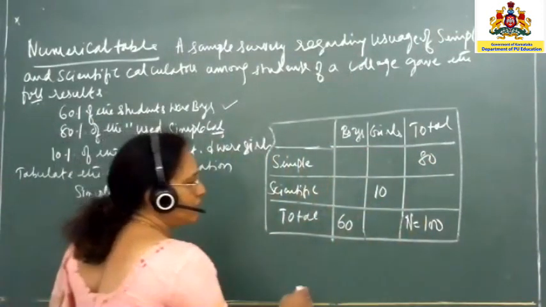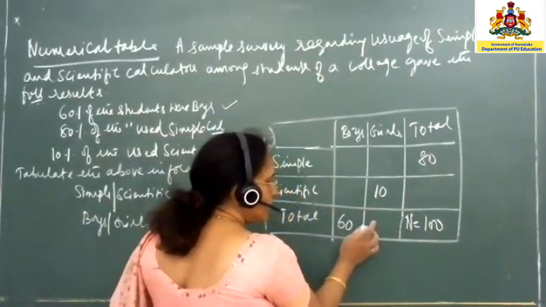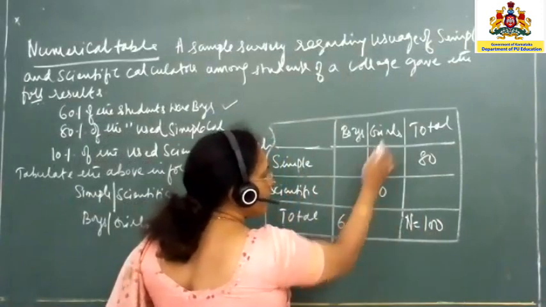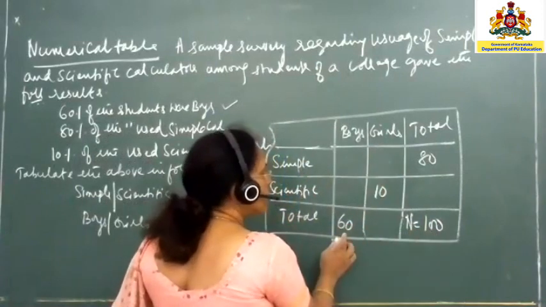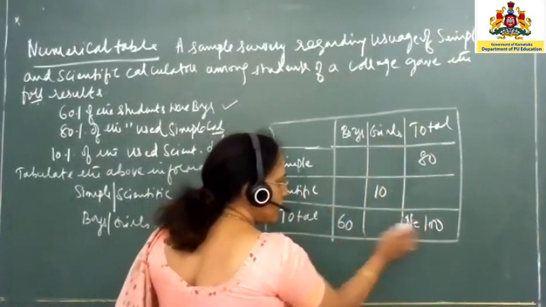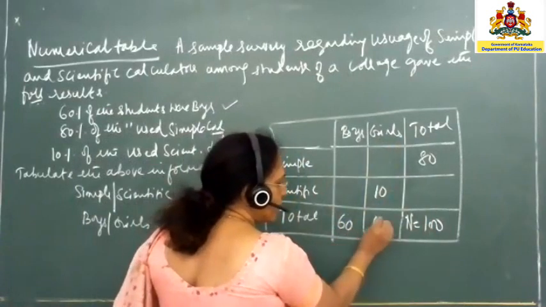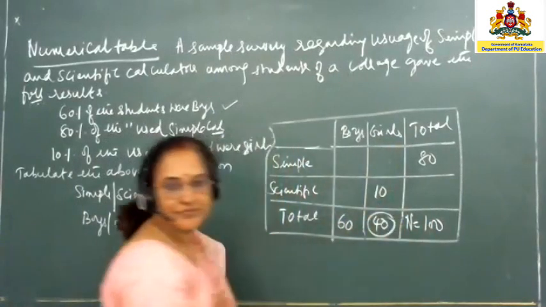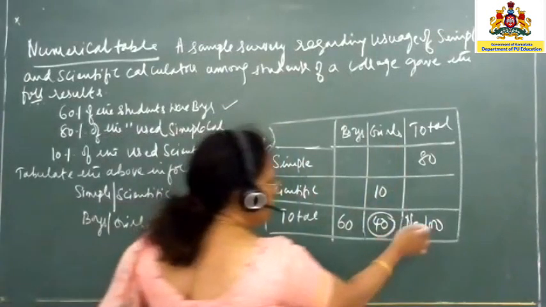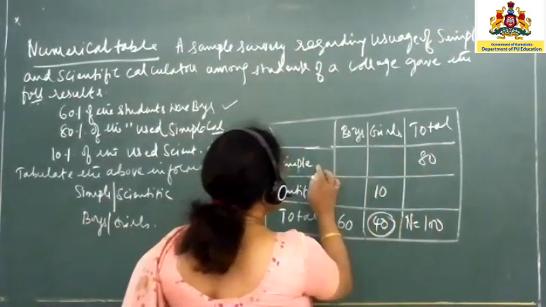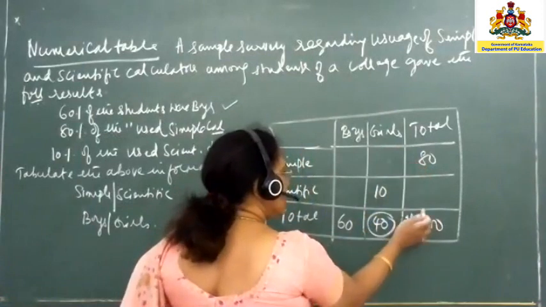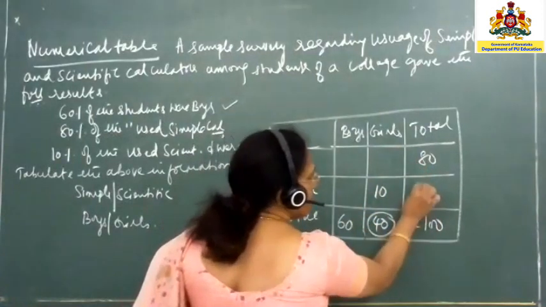How to find the numbers now? Now this is 100. So how will you find this number? Out of 100, 60 are boys. How many will be girls? So 100 minus 60, that will become 40. Okay, fine. Now next one. Out of 100, how many are using simple calculators? 80 of them. So the remaining, how many scientific? They will be 20.